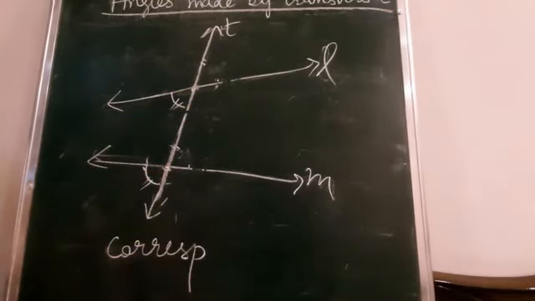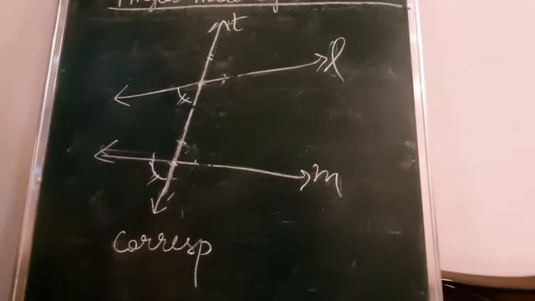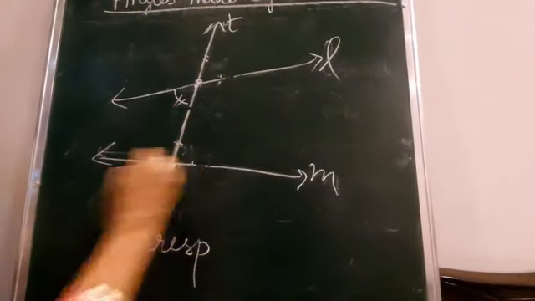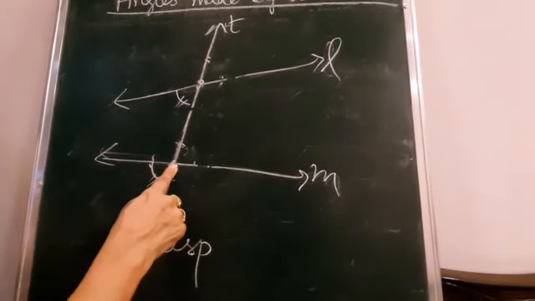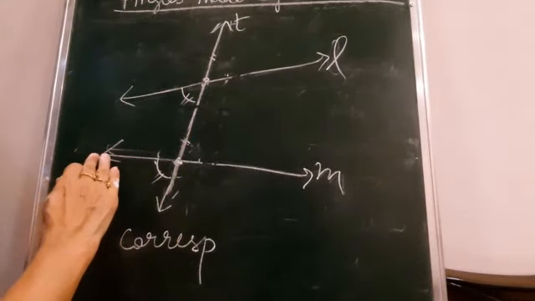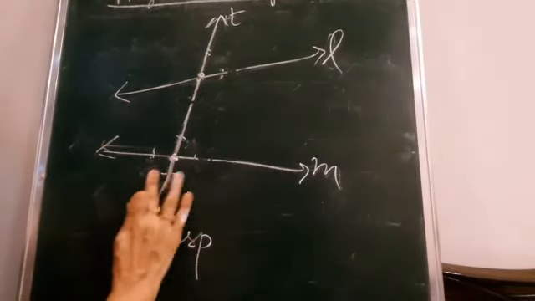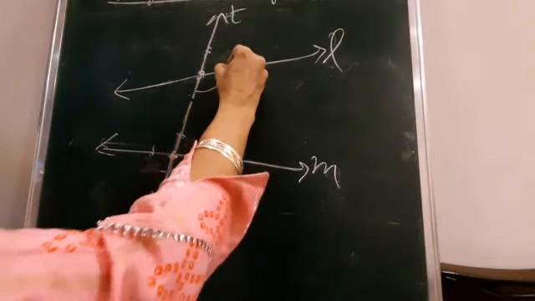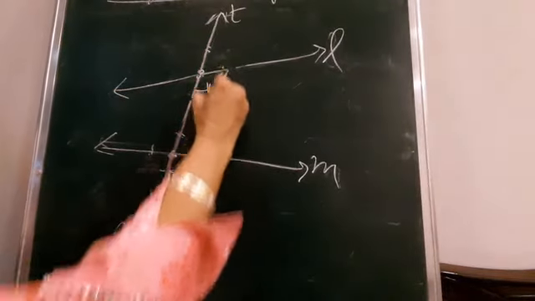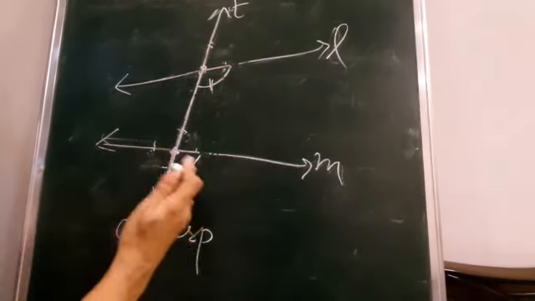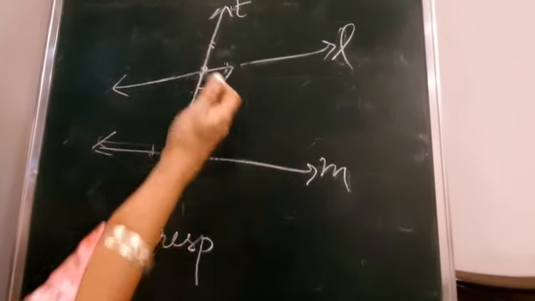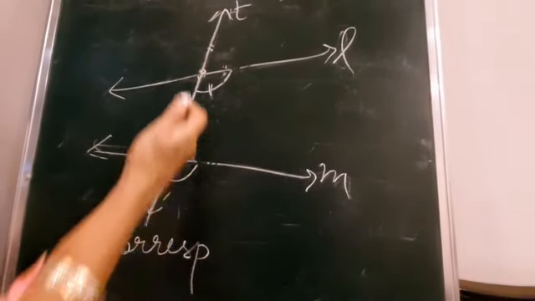This angle and this angle are corresponding because they both have different vertices and both are on the same side. One more pair is also possible, the fourth pair, that is this side. Both are on the same side of transversal and both have different vertices.